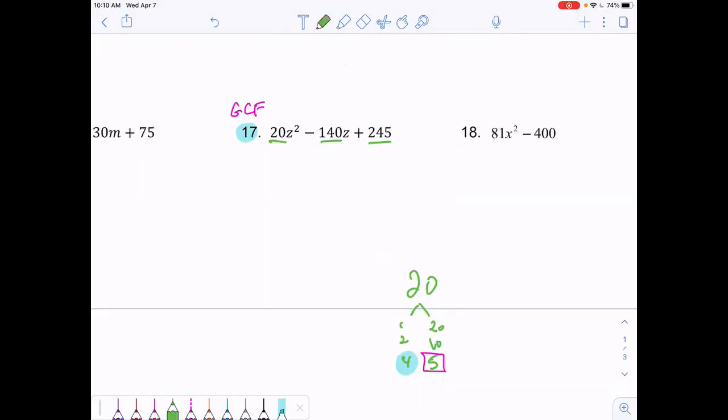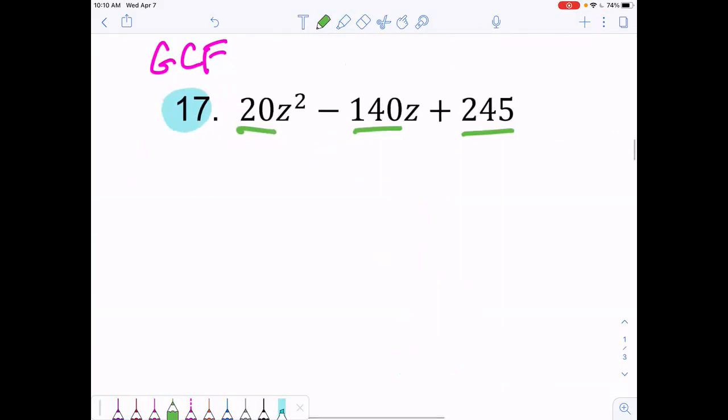So if we take a 5 out, and Jason, what's that going to leave us with inside?